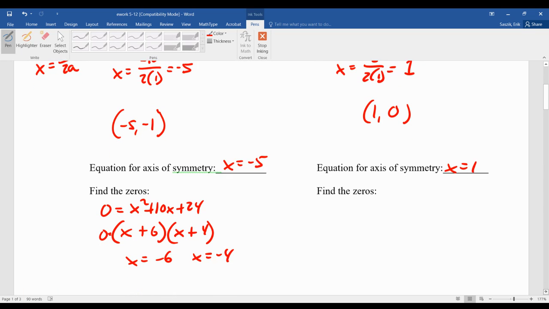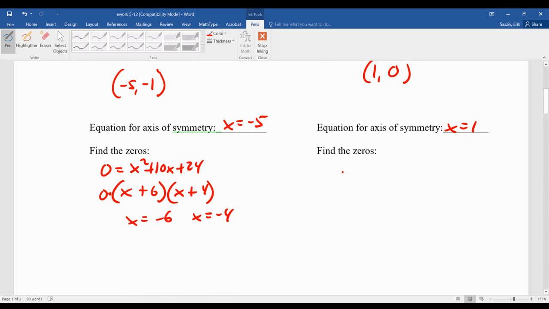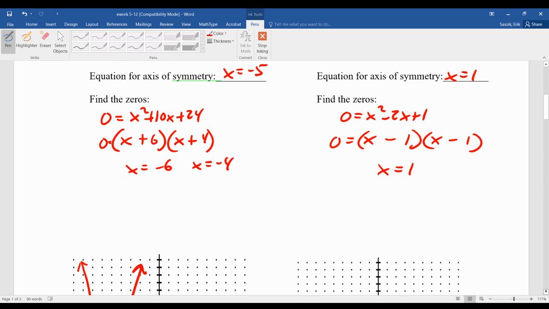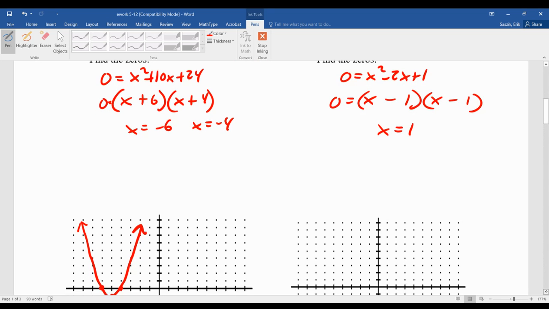Find the zeros. Well, again, replace the y with 0. So I get x squared minus 2x plus 1. I'm going to try to factor. 1 and 1, both are negative. I only get one solution here, 1, 0. So that's at x equals 1.